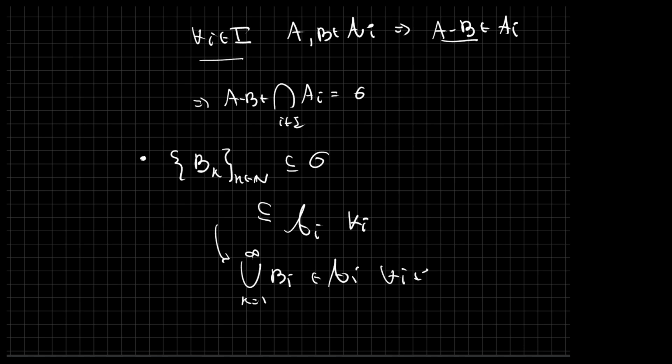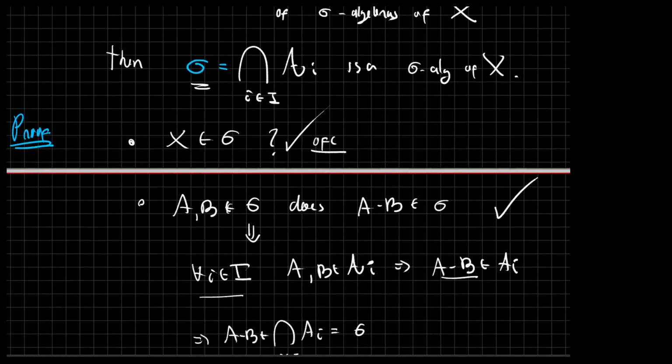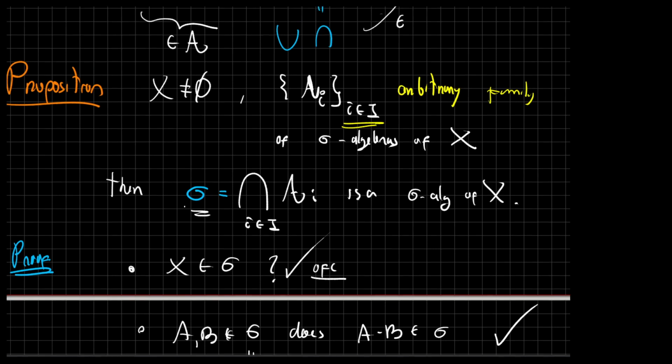Since it is in every sigma algebra, then it is in the intersection. Let's call this just U. Then U is in the intersection of every sigma algebra. And so yeah, countable unions are maintained in this set. So that makes the set a sigma algebra.